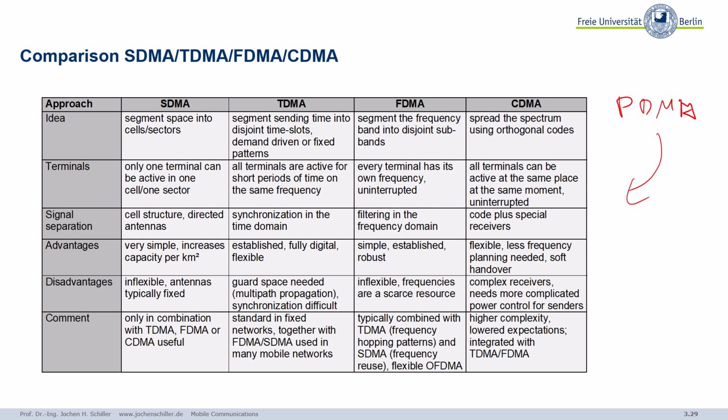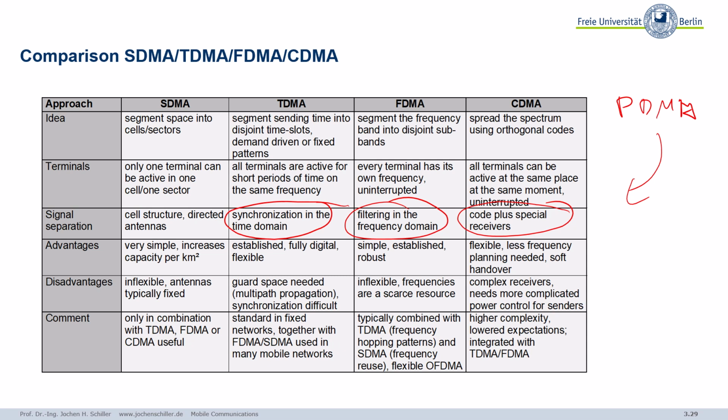You separate the space, you segment the time or the frequency, or you use orthogonal codes, and how this can be used, how you separate the different signals. You filter in frequency, you have to synchronize in time, so these are differences. Or you have to know the code, need special receivers, and they all have their advantages and disadvantages.